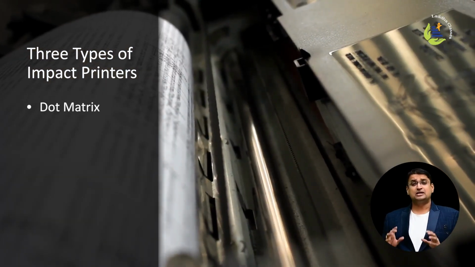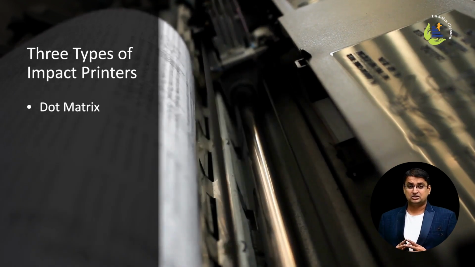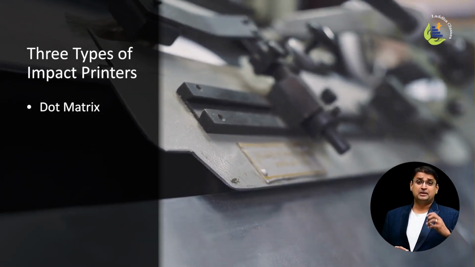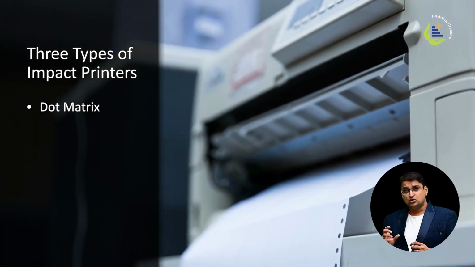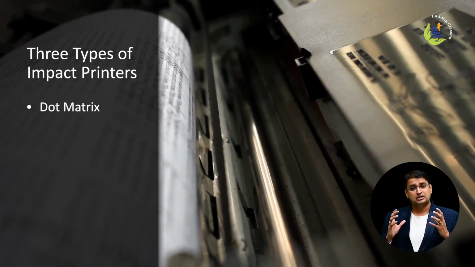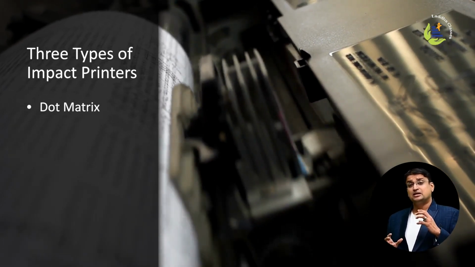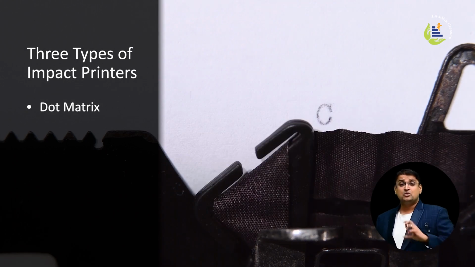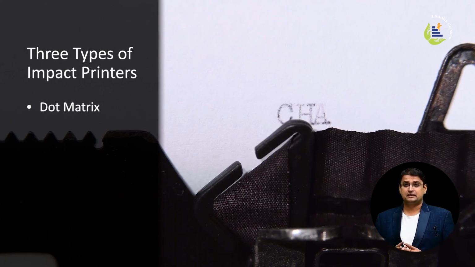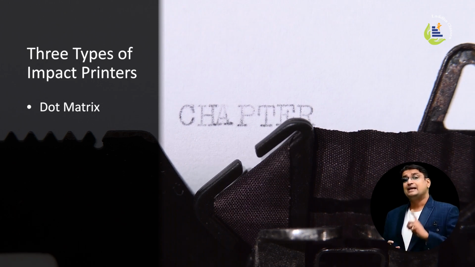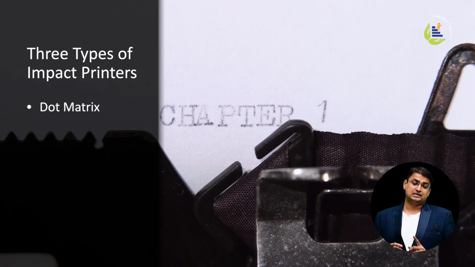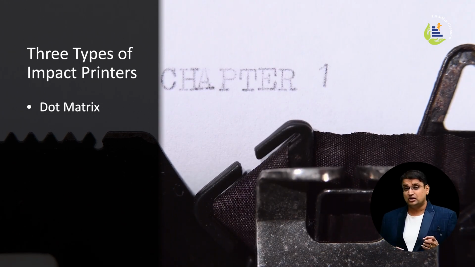Dot matrix. It forms characters using rows of pins which impact the ribbon on top of the paper, therefore also called pin printers. These printers print one character at a time. It prints characters and images as a pattern of dots.